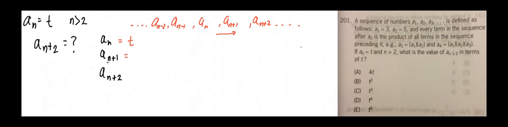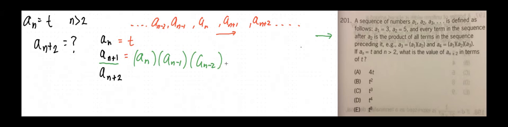Let's look at the constituent parts of this. It said that every term in the sequence after A2 is the product of all terms in the sequence preceding it. So this one is the product of all the terms that came before. So it's the product of An times An-1 times An-2, dot, dot, dot.